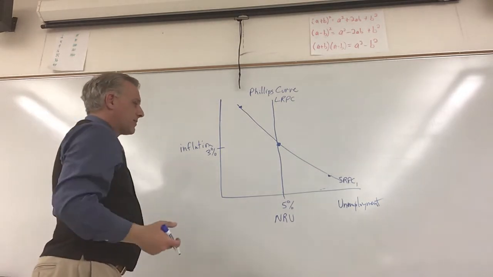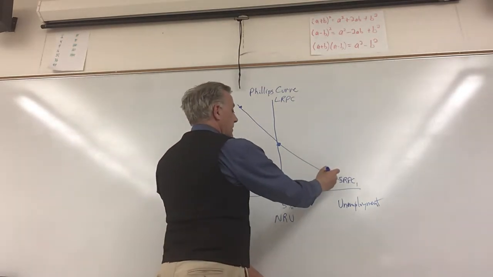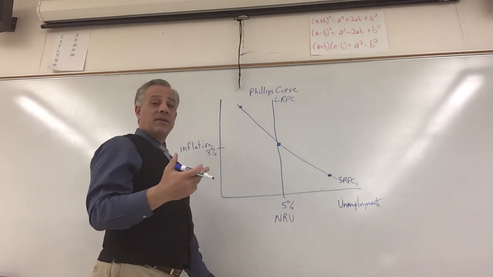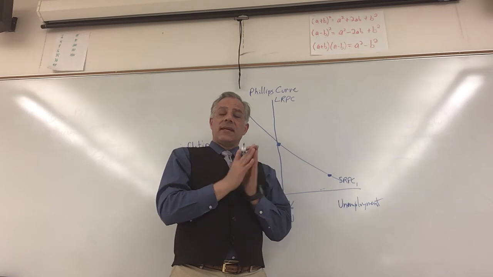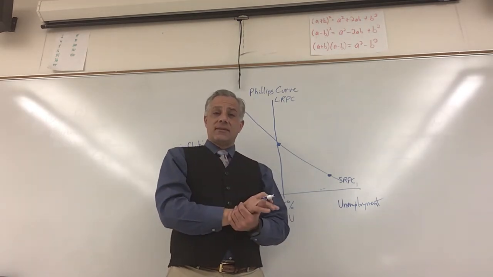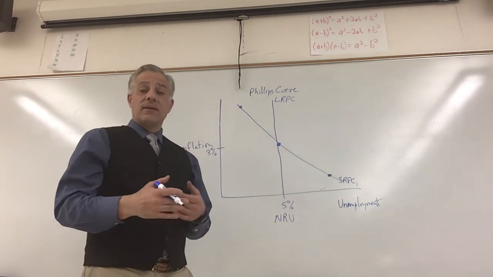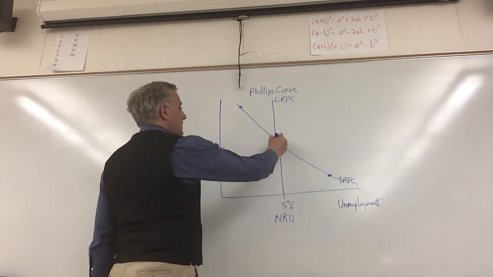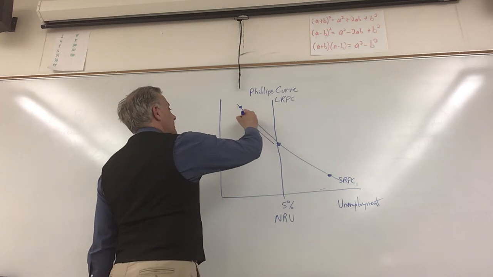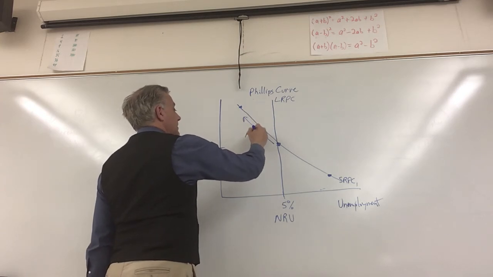So let's just go through some examples. Let's say we're starting here, and I give you an event, and I say there is an increase in consumer confidence. Okay, consumers start spending more, consumption increases, and we're here. What's going to happen? Well, there's an increase in aggregate demand.